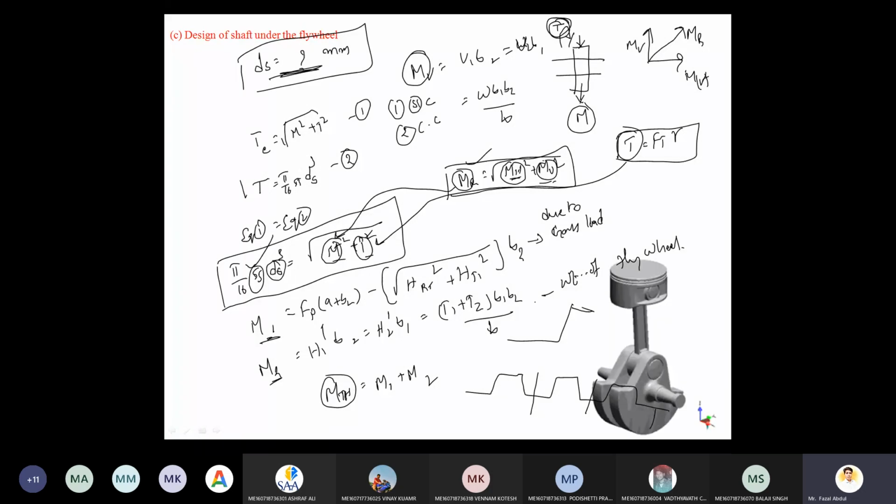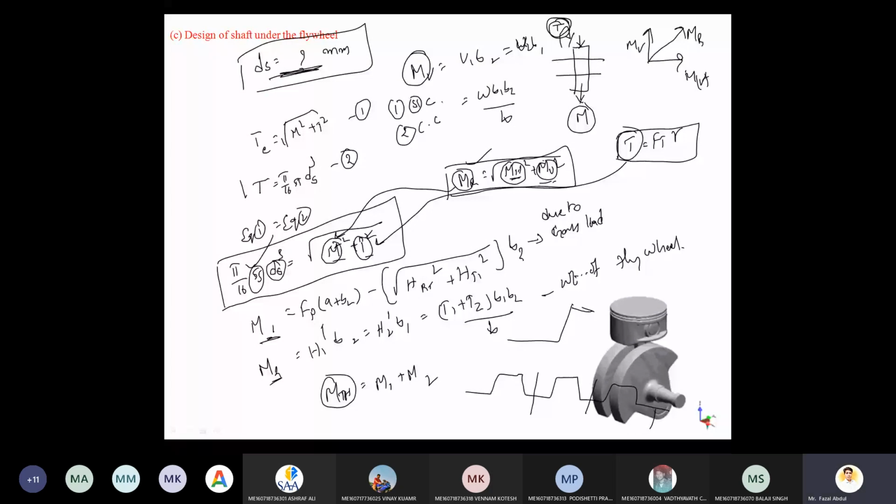And these two different types of crankshafts are going to be solved by two different categories. First category is subjecting to the maximum bending moment at the dead center. Second category is at a particular angle, subjecting to the maximum twisting moment. So the side crankshaft and center crankshaft are going to be designed based on two criteria.